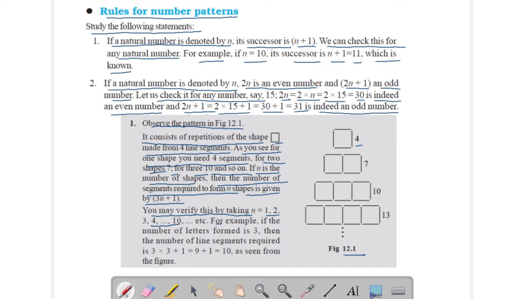For example, if the number of shapes formed is 3, then the number of line segments required is 3 into 3 plus 1, that is 9 plus 1, that is 10, as seen from the figure.